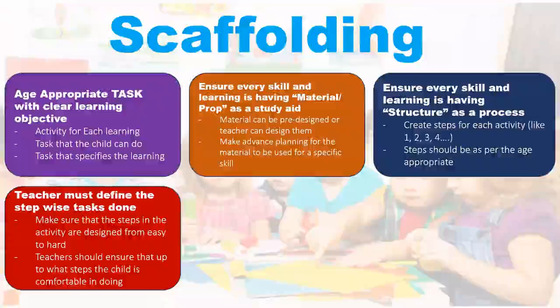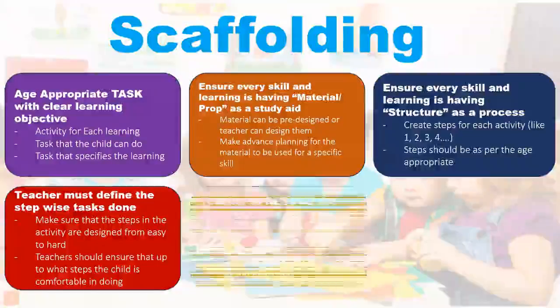If we want the child to enjoy a task, the child must be given a very easy task first. If the child is doing that easy task and it is connected to the next level, even if that is a bit difficult, the child will look forward to that activity because the child already has some connection to it.